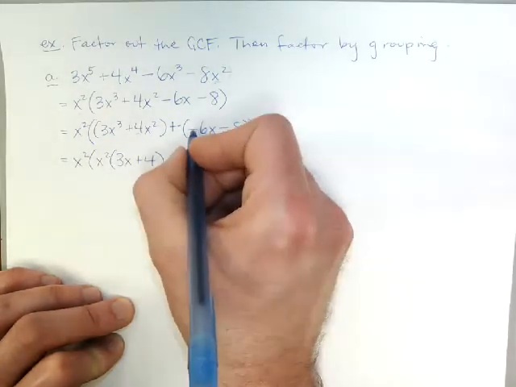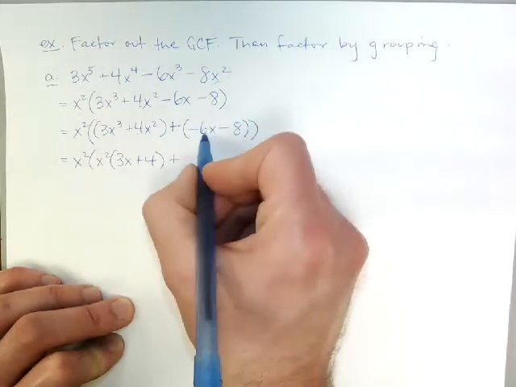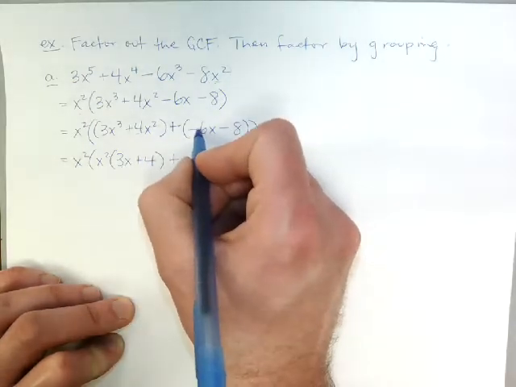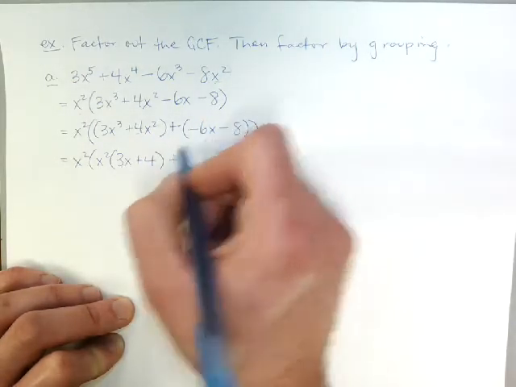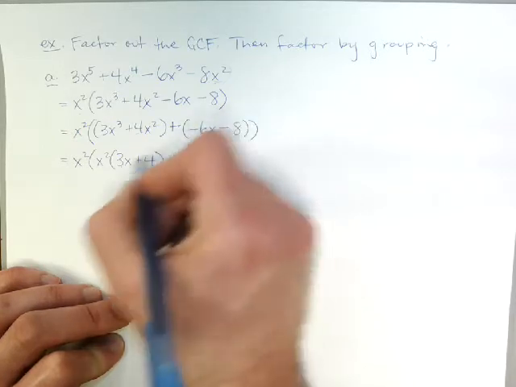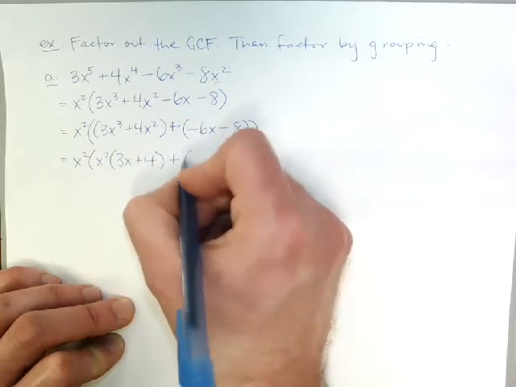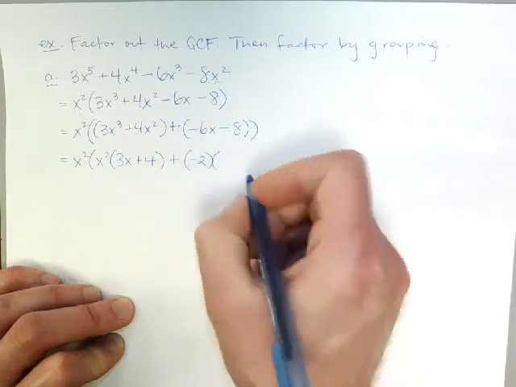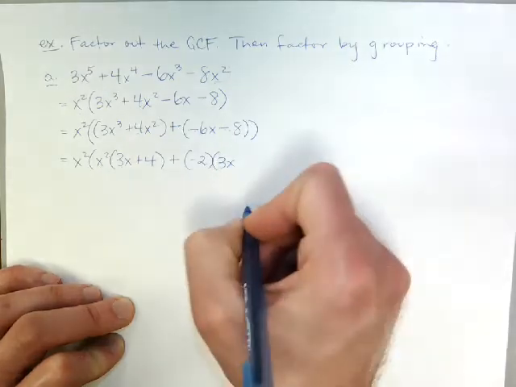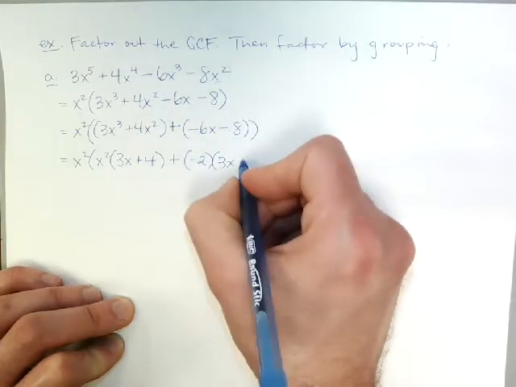And then here, we're trying to match 3x plus 4. If I divide by a negative 2, then I can get both things to be positive, and then I'll have a 3 as a coefficient. So take a negative 2 out. Minus 6x divided by negative 2 is positive 3x, and minus 8 divided by negative 2 is positive 4.